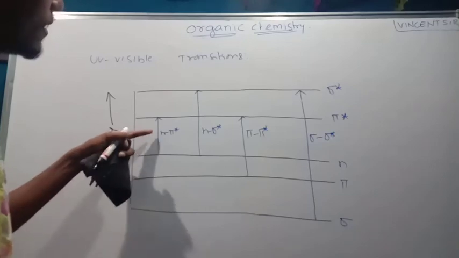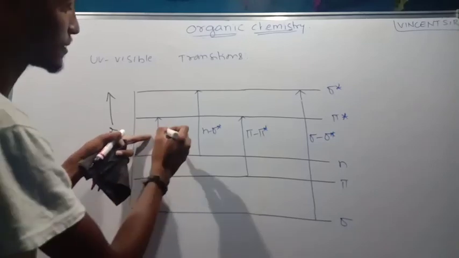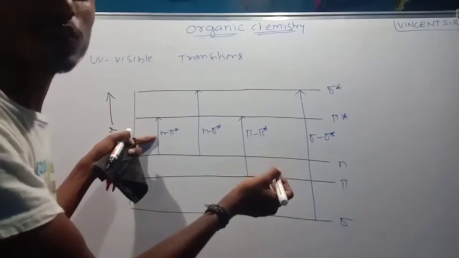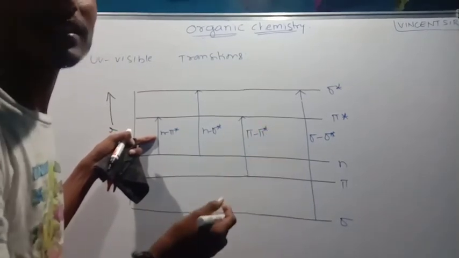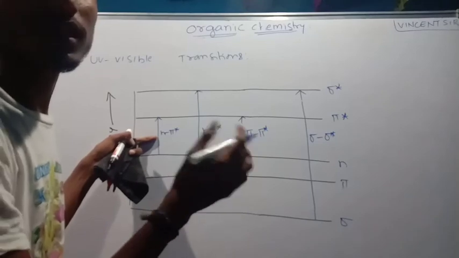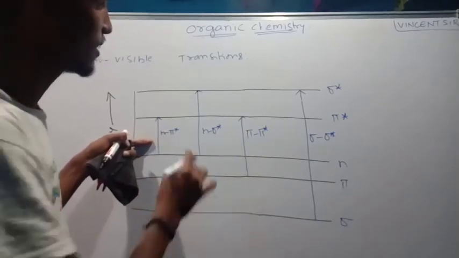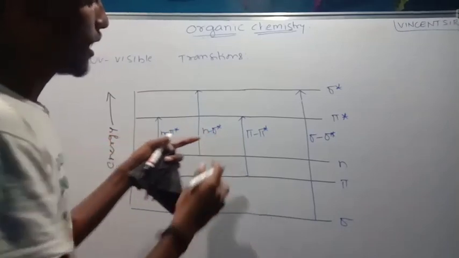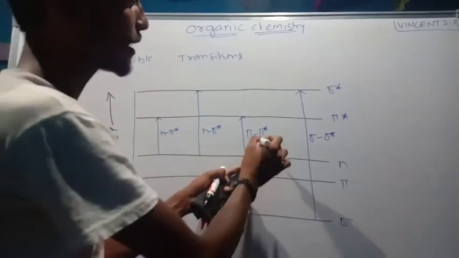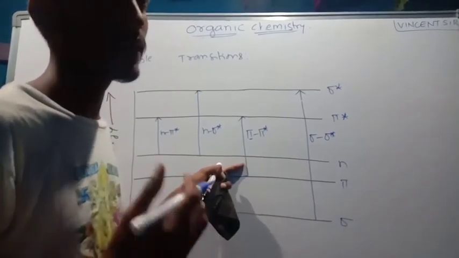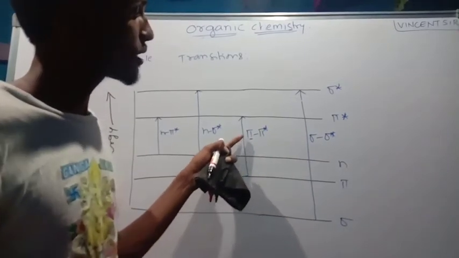Now let's take the lone pairs. The lone pair of electrons require less energy because they are just sitting like two persons on a chair. That's why they are excited first with less energy. And after that, the pi bonding electrons are somewhat weakly held to the protons of that atom.